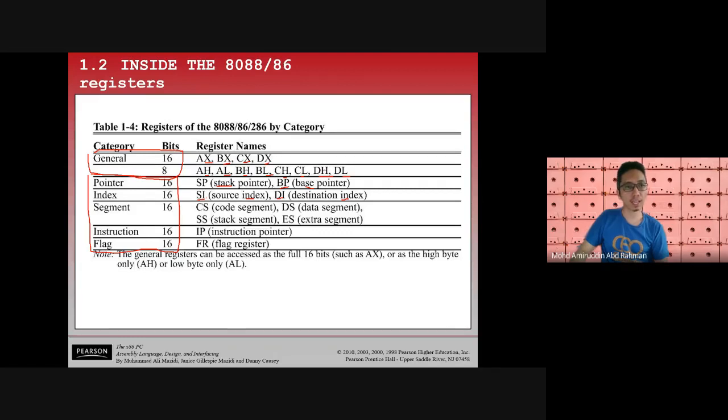We also have the segment registers: CS, DS, SS, and ES. We have code segment, data segment, stack segment, and extra segment. For instruction, we have the IP, the instruction pointer. And we also have the flag register, FR.